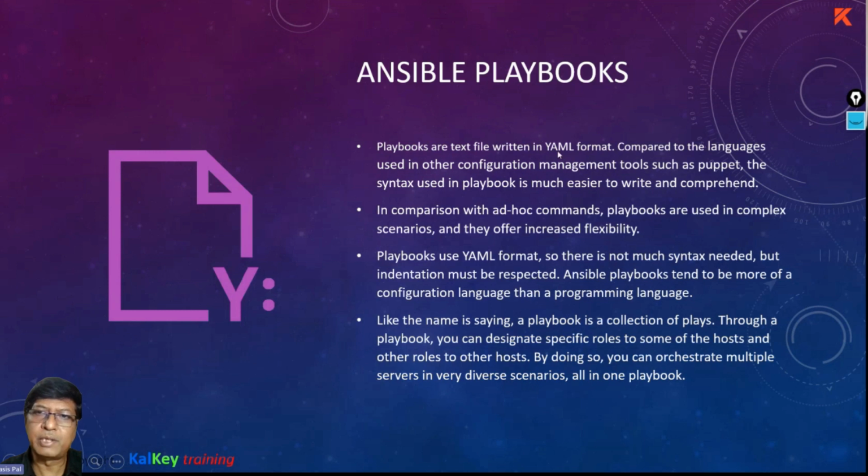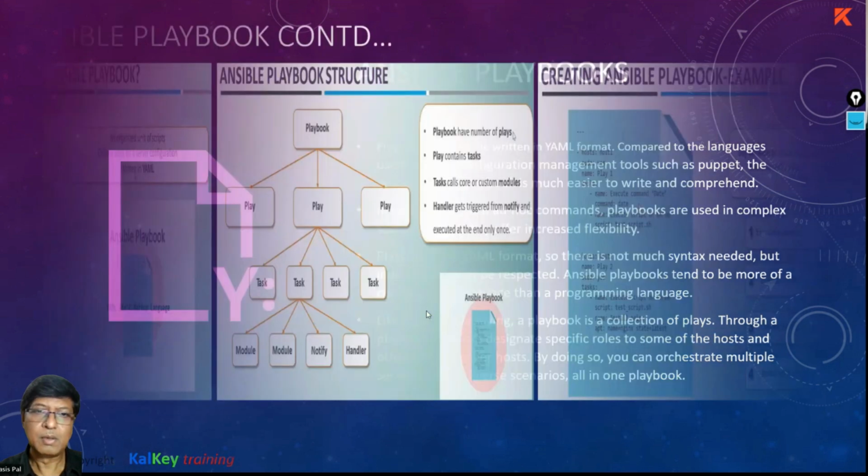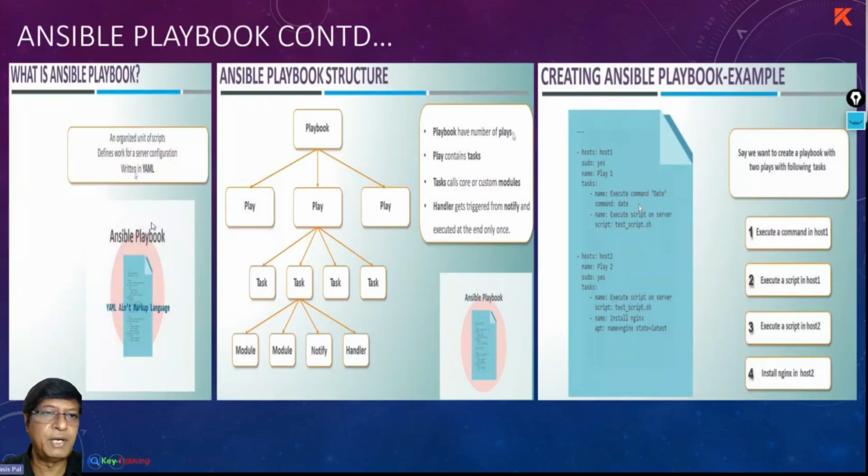But you maintain them within YAML format, because after all, YAML is a format which will work with JSON, and JSON works the way the protocols are designed for data exchange over the internet. I will just give you a bit of background. YAML ain't markup language, so it is not a markup language, or you can say yet another markup language, yet another.